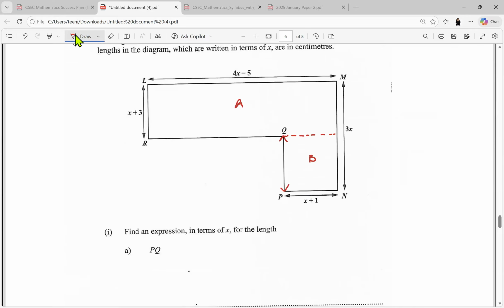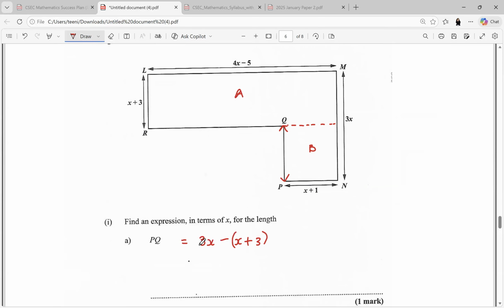So PQ will be equal to 3x take away (x plus 3). Notice how I wrote it, it has to go in brackets because x plus 3 is the entire expression. So this would give me 3x take away x take away 3. And that would be 3x take away x, which is 2x, take away 3.